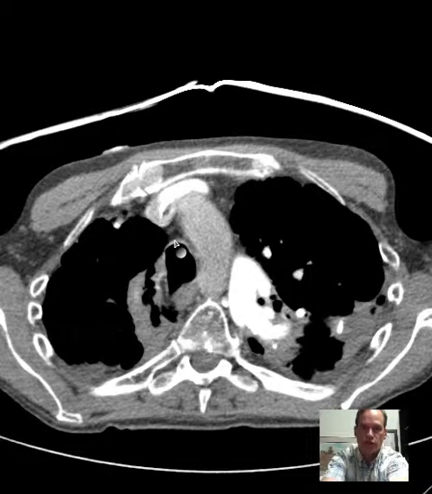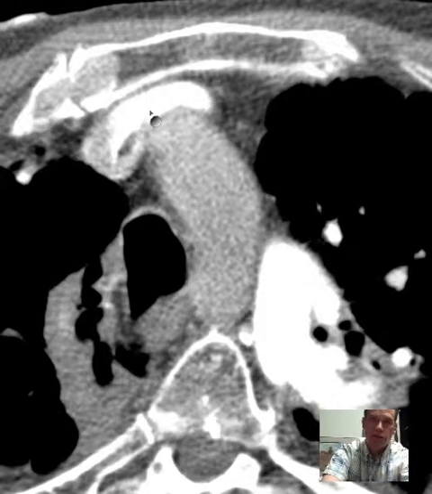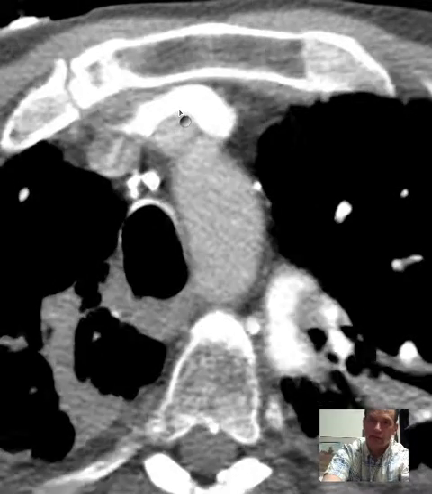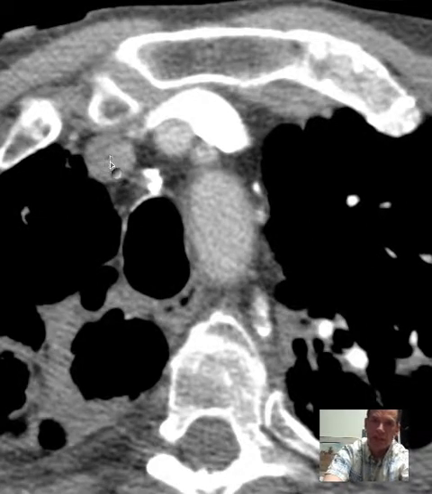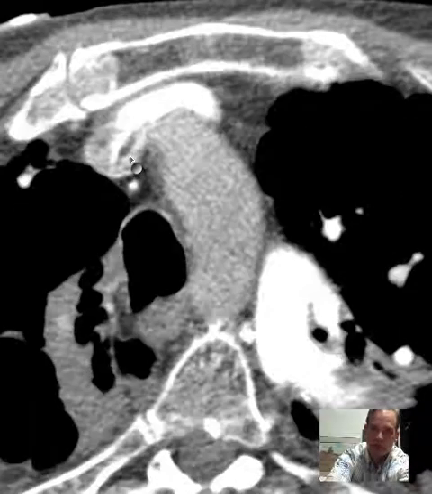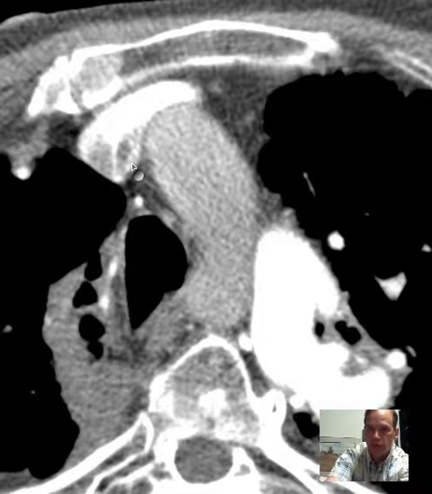And here you can actually see the mixing of this contrast opacified blood in the left brachiocephalic vein with the unopacified blood in the right brachiocephalic vein above that level. So as we go down, we'll see this contrast opacified blood mixing with this, and that's basically what you get there.